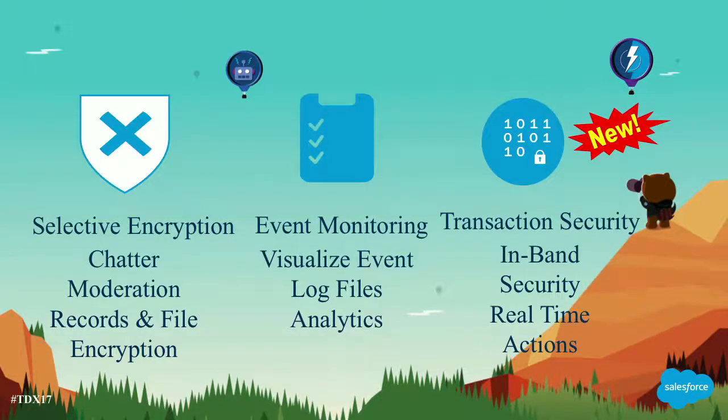Taking a real-time action within Salesforce is huge from a security standpoint. Cloudlock's technical opportunity here is to detect anomalies in user behavior and inject intelligence into the real-time actions taken care of by transaction security.